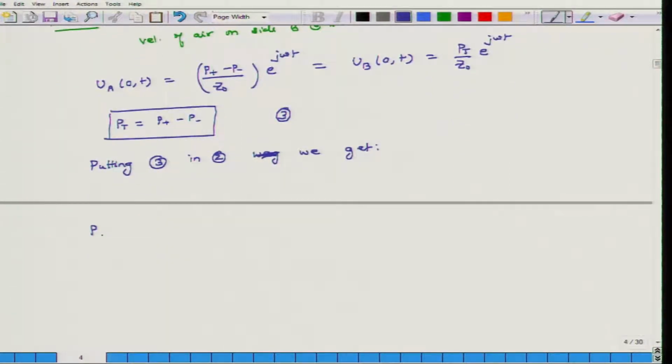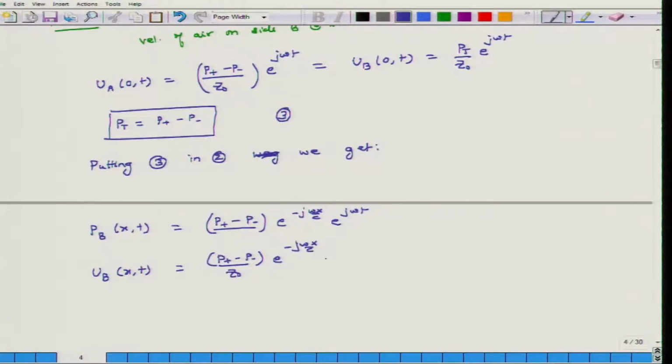We get PB xt equals (P plus minus P minus) e^(-jωx/c) e^(jωt), and UB is equal to (P plus minus P minus) divided by Z naught e^(-jωx/c) e^(jωt). So, this is a fourth set of equations.